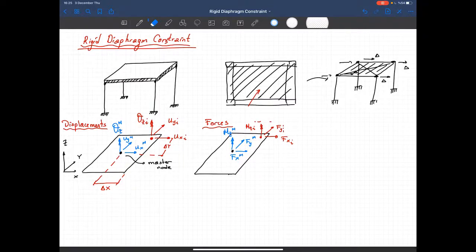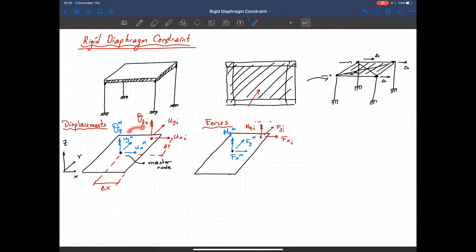Now what I'm trying to do is this. Imagine that I have all these type of nodes here, and I'm trying to represent the degrees of freedom of this node in terms of the master degrees of freedom.